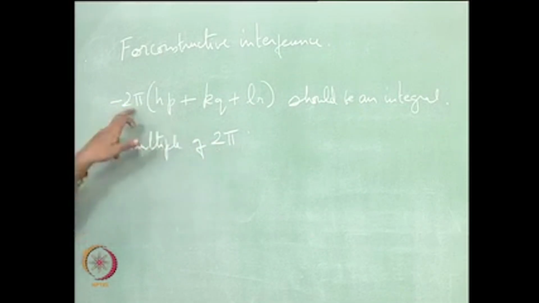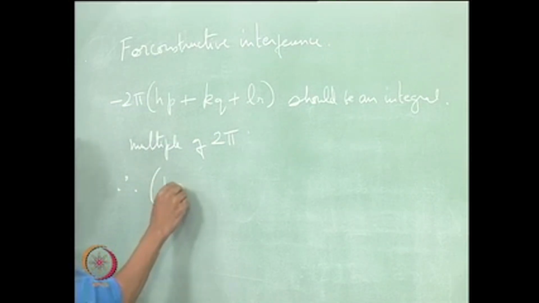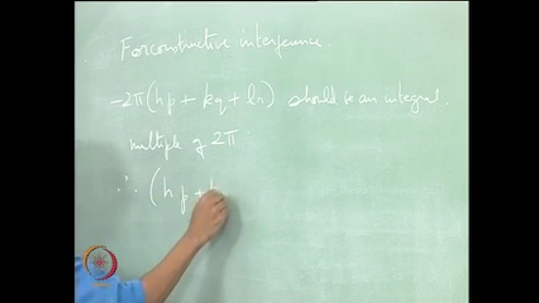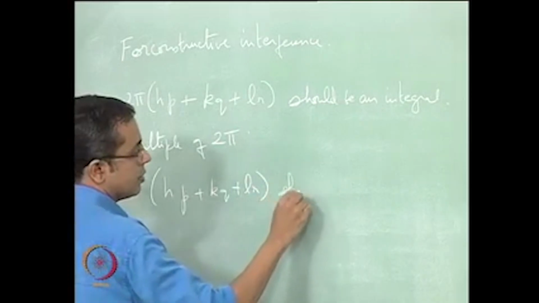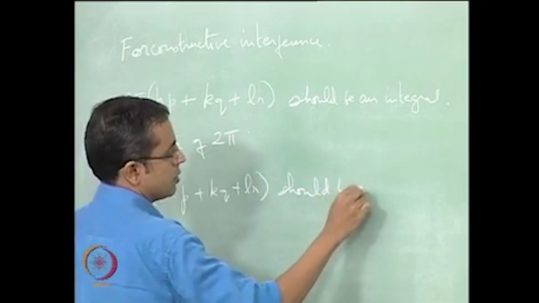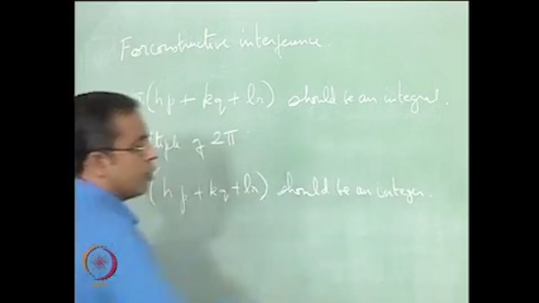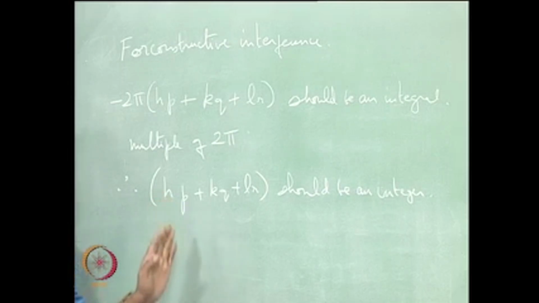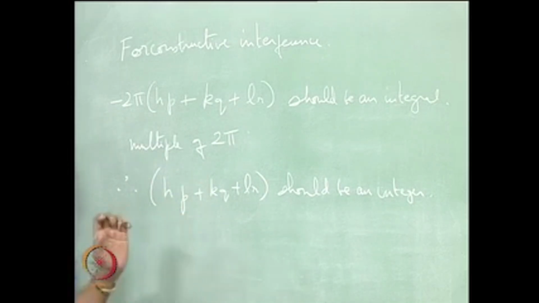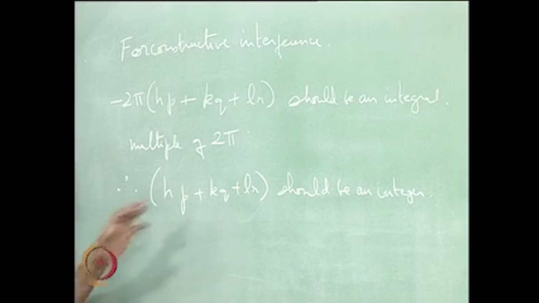We already have 2 pi here, therefore we are requiring that H p plus K q plus L r should be an integer. When we first defined S by lambda minus S naught by lambda to be H b1 plus K b2 plus L b3, we placed no restrictions on the values of H, K, L at that stage.